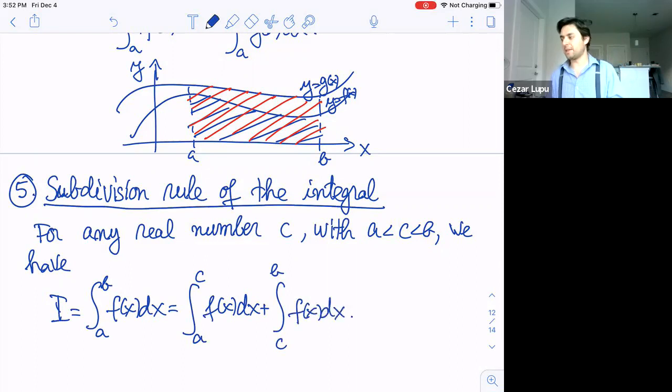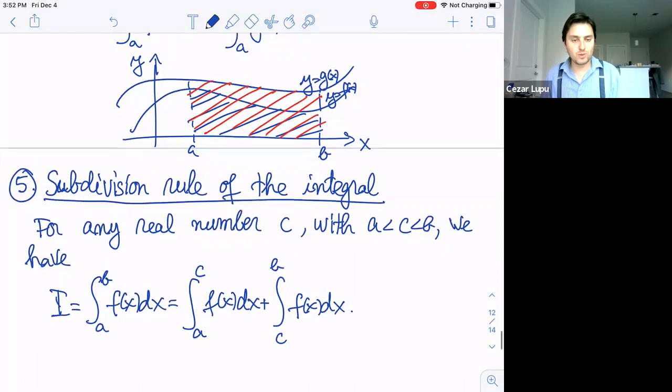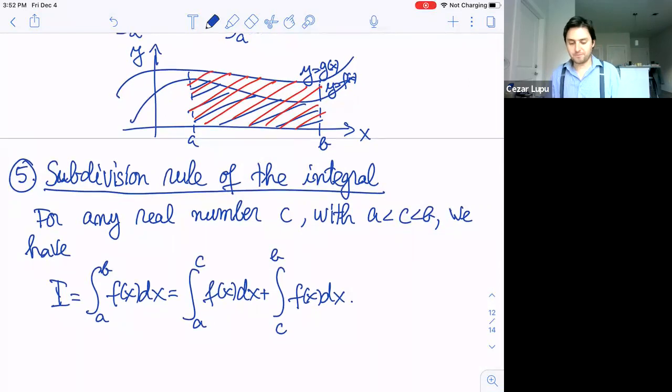So we're just going to break this integral into two parts. Anyway, I'll leave the geometric interpretation of this to you.